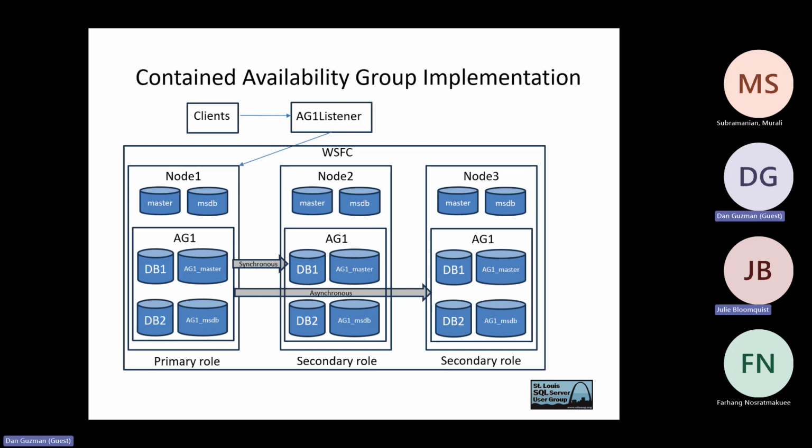But in the demo, you went to the different nodes to create the users. In the demo, I should have really called that out. It probably introduced more confusion than it really is. But for the database owner account, because of the absence of the model database, what that really means is I cannot connect to the availability group listener of the contained availability group and create a database, because there's no model database, which is the template for all new databases.